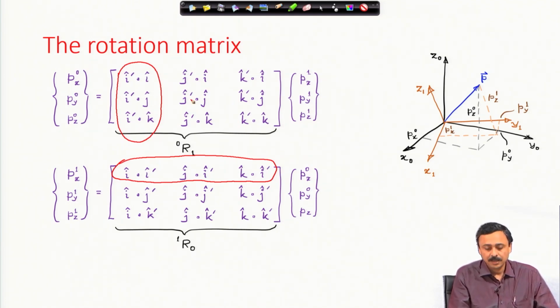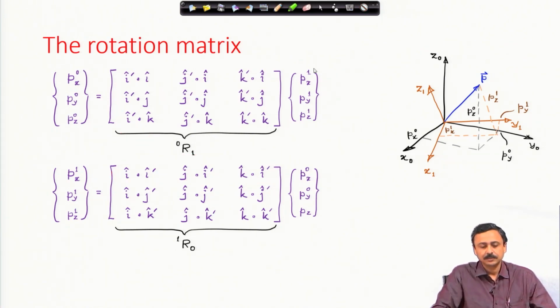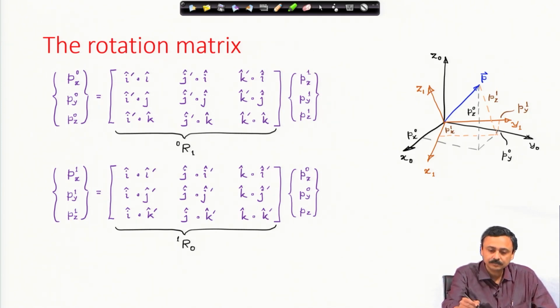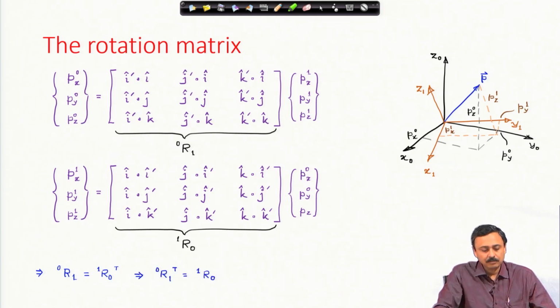In other words, the second matrix is a transpose of the first matrix. R from 1 to 0 is transpose of the matrix R from 0 to 1. Similarly, if you take transpose of both sides of this equation, it will tell you that transpose of the matrix from 1 to 0 is equal to the matrix from 0 to 1.